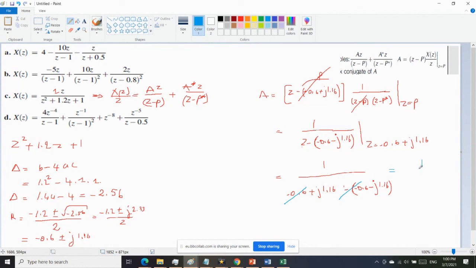So at the end we get 1 over 2j, times 1.6. Okay, and then the second one, A star, we just flip the sign.